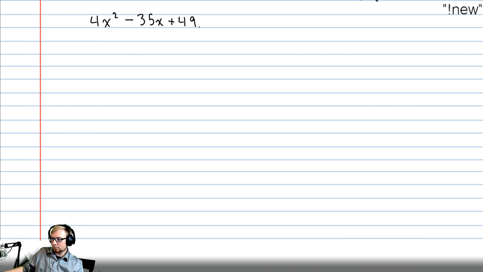Number 12. Let's see. 4x squared minus 35x plus 49.